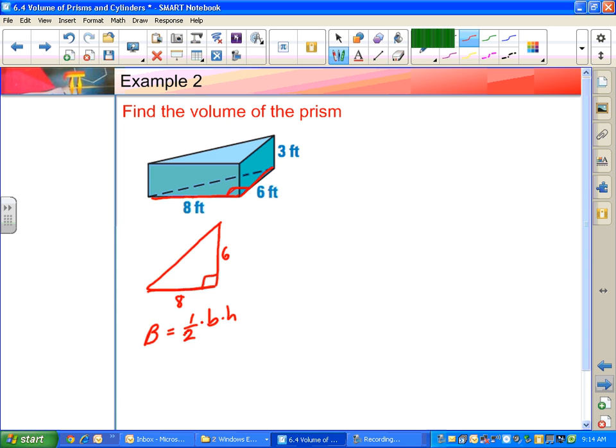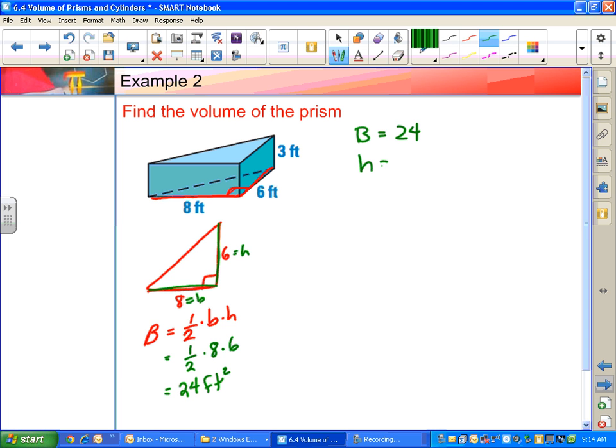base times height, the base of the triangle. And since it's a right angle, we can use this side for little b and this side for the height of the triangle. So that would be 1/2 times 8 times 6, which is 4 times 6, which is 24. In this case, it would be 24 feet squared. So that is the area of the base, 24.